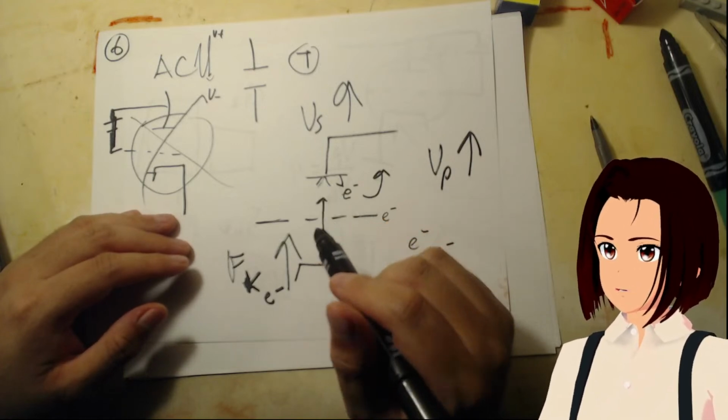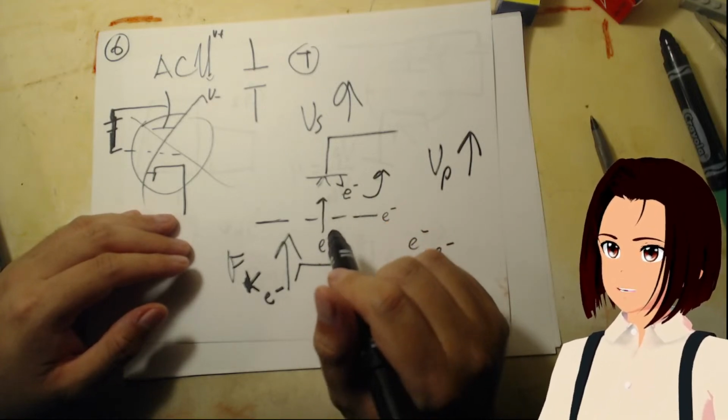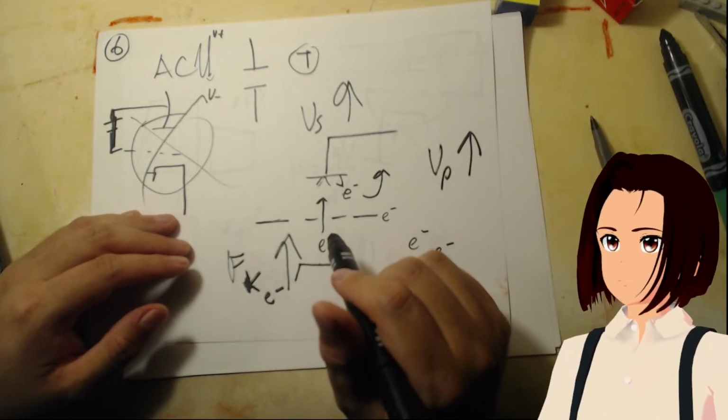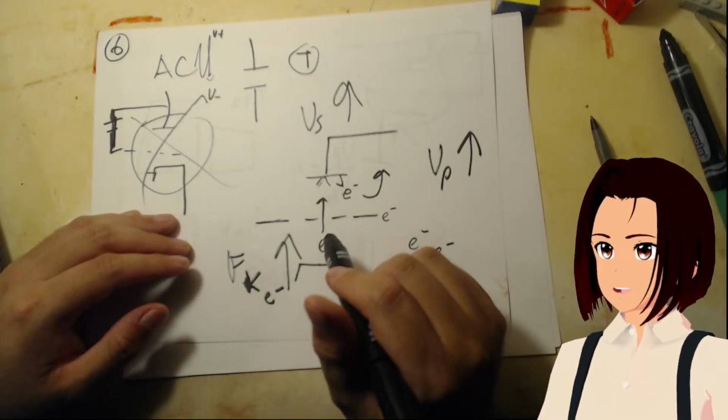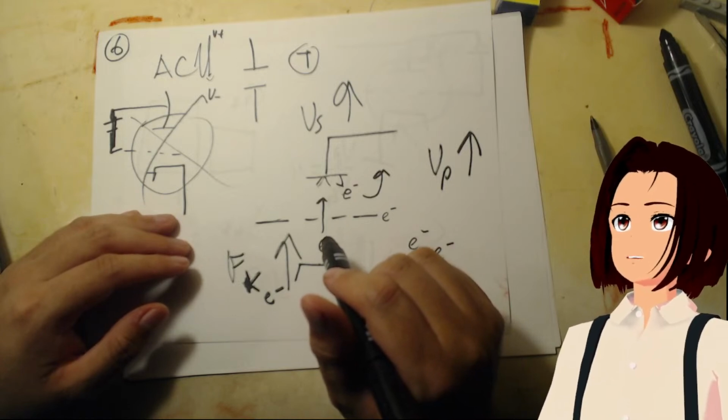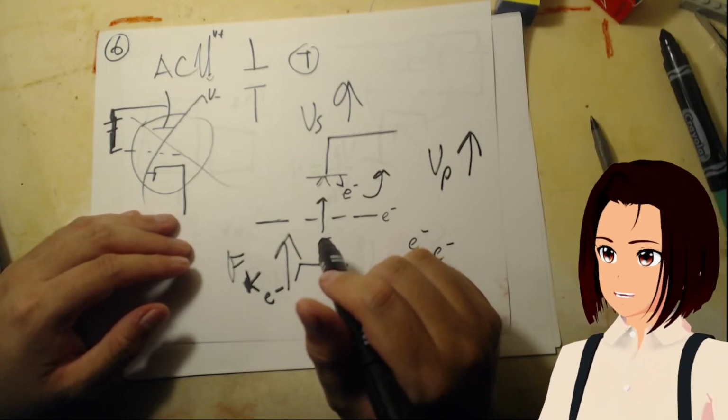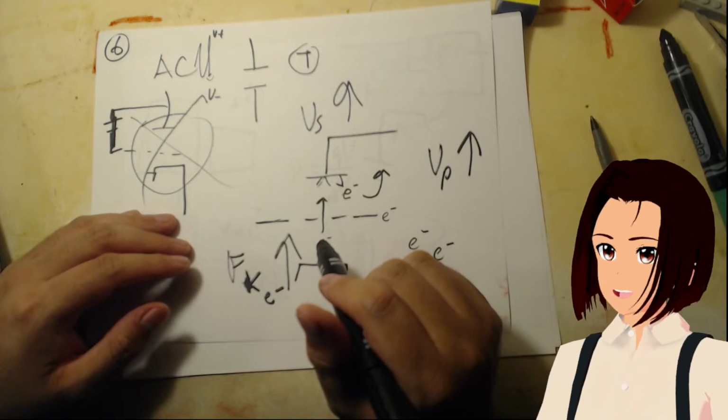And therefore, the grid doesn't work as a good valve, as the British would like to say. And that's the problem with triodes. Triodes just suck.